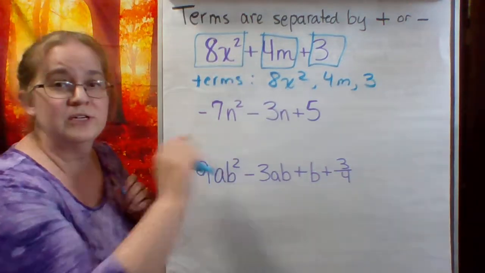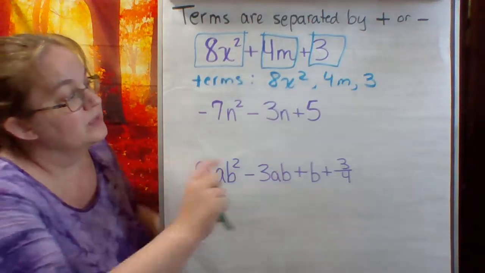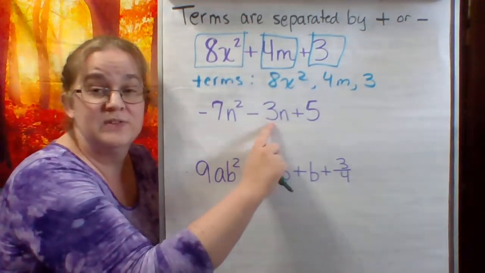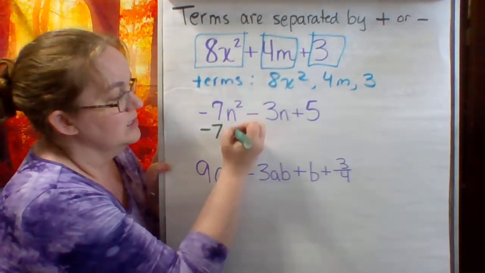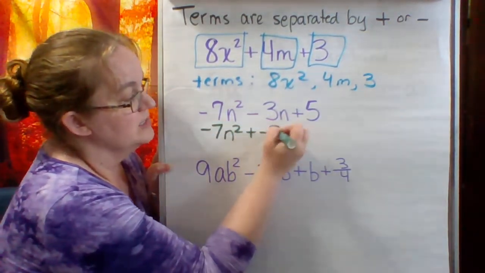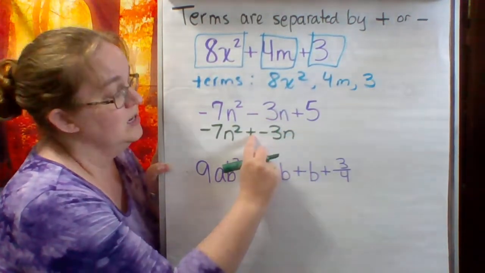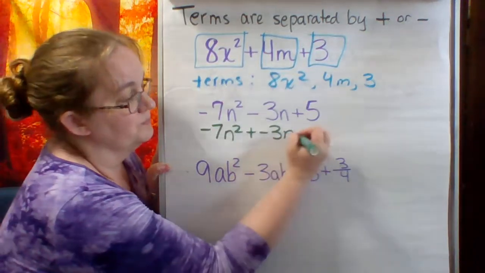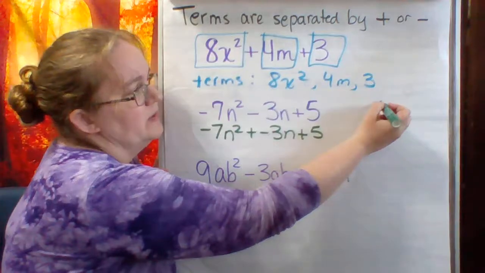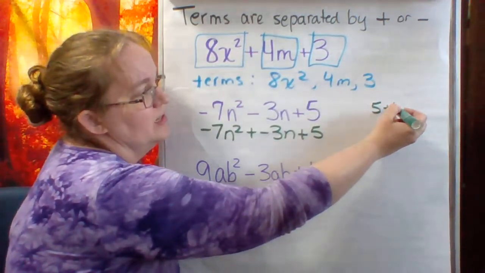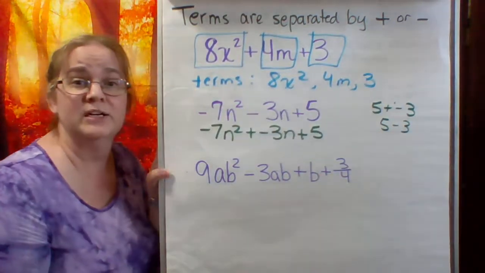Now, when you look at a question like this, and I know that we've talked about this previously, subtracting a positive number is the same as adding a negative number. So I would rewrite these as all addition. In other words, instead of saying minus positive 3n, I would say adding negative 3n. Because again, it's going to give you the same value. If I had 5 plus negative 3, that's the same as 5 minus 3. In either case, I'm going to get 2.